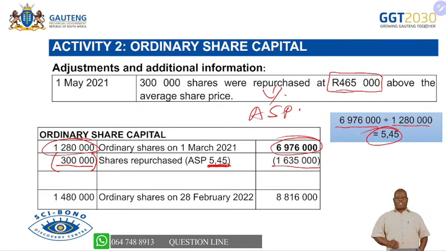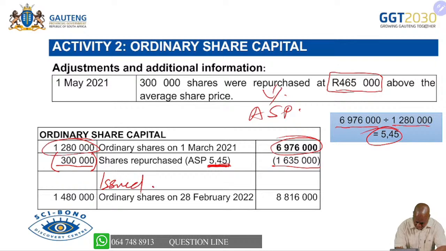Okay. Now check. I'm not an accounting person, but something tells me something is nice here. If there is one item that is here, it means shares were issued at how much? I don't know. And I don't know how many shares have been issued, which is not a problem anyway.